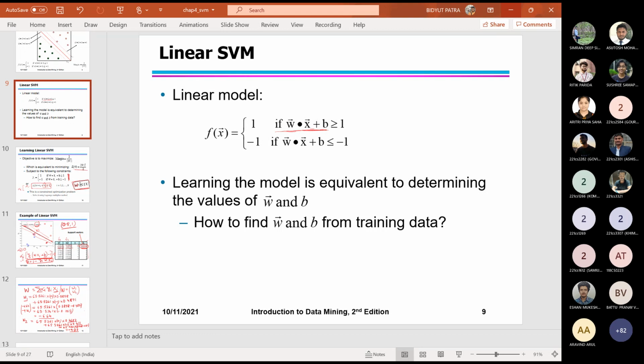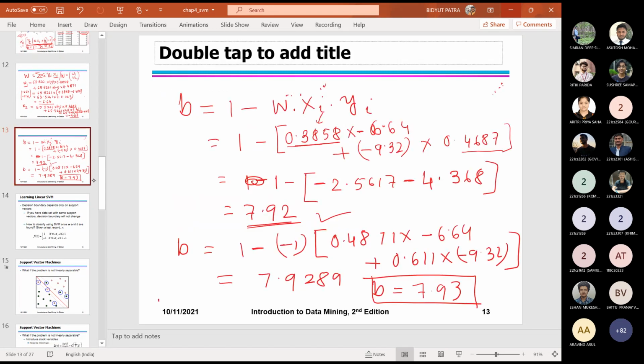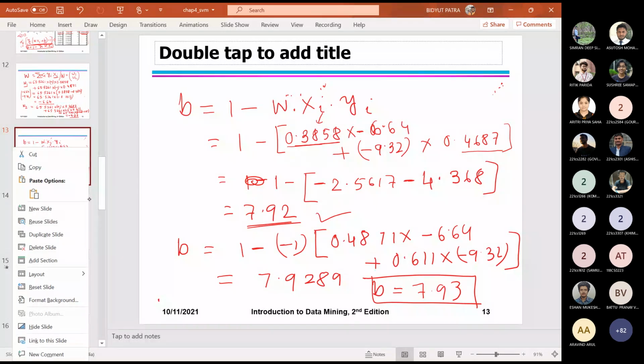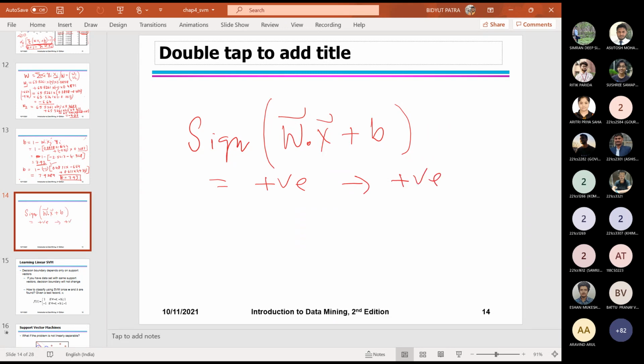In the last class I also talked about another thing: if you remember correctly, I said the class level will be sign of W into X plus B. If this is positive, then it is a positive class, otherwise it belongs to the negative class.